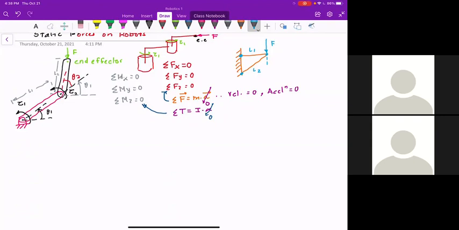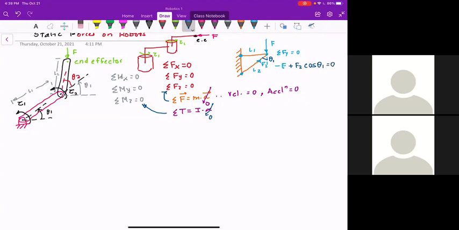So for an example, if you were to sum the forces in the Y direction, you would observe F is going down, and you have this force, which I'm going to call F2, going up. This angle, if that is theta 1, so you would have minus F plus F2 cosine theta 1 is equal to 0.